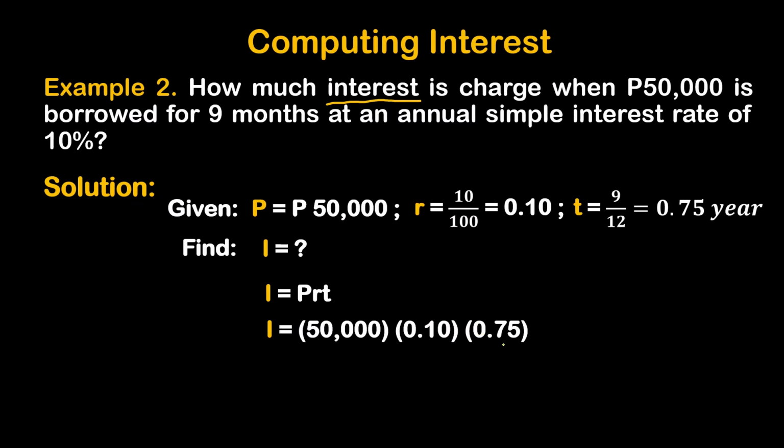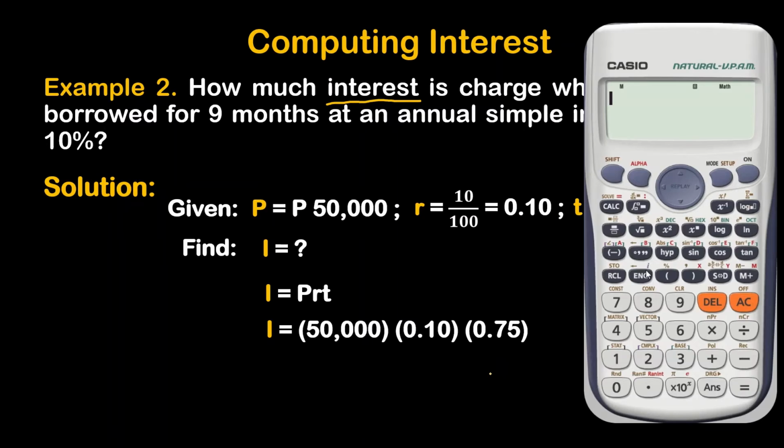Then, ang value ng T natin is 0.75. So, all we need to do is i-plug in lang natin yan sa ating calculator. That is, of course, 50,000 pesos times 0.10 times 0.75, then click equal, that is equal to 3,750.